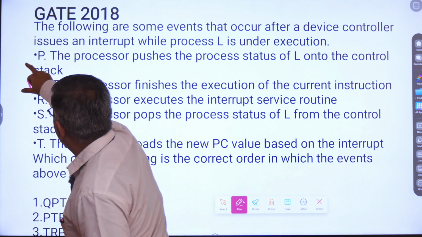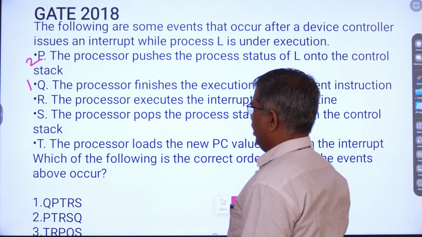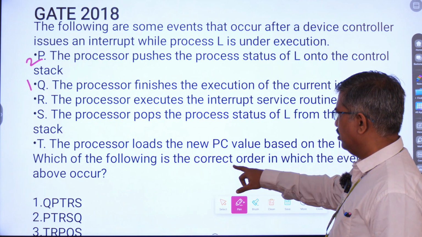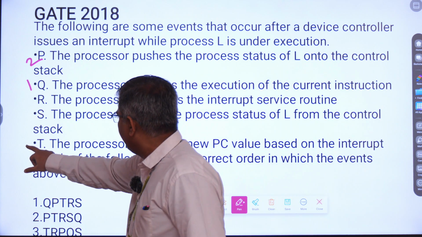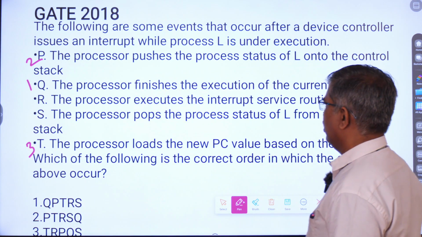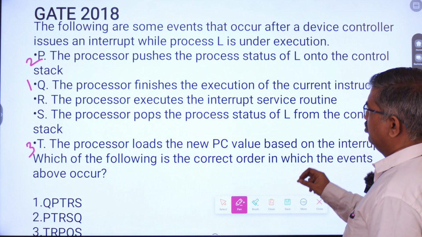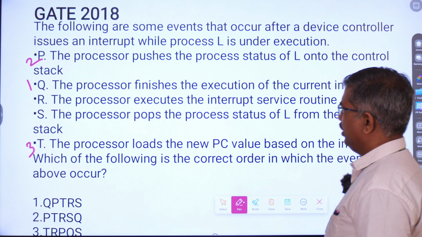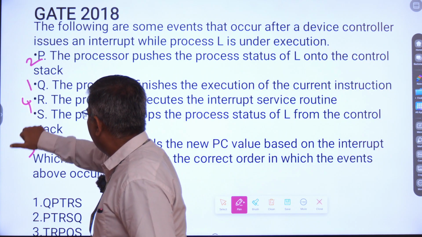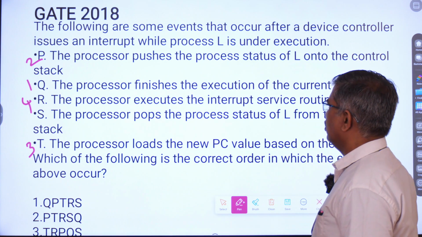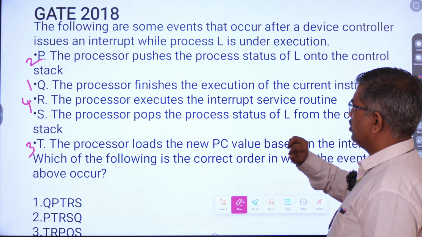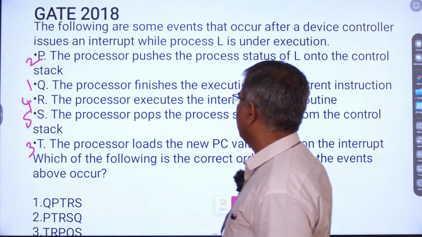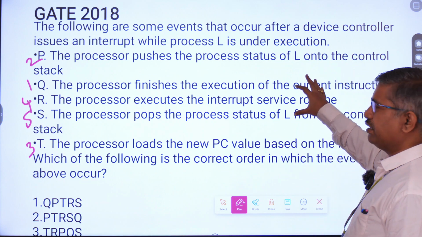This is the second thing that can happen, and then the processor loads a new PC value based on the interrupt. This is the third thing. Then the processor executes the interrupt service routine. This is the next one. The last one is the processor pops the process status of L. This is the correct order.